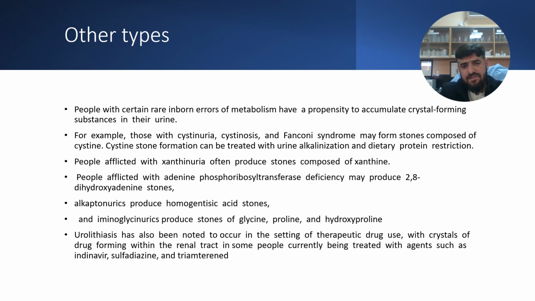Urolithiasis has also been noticed to occur in the setting of therapeutic drug use, with crystal of drug forming within the renal tract, and some people currently being treated with agents such as indinavir, sulfadiazine, and triamterene.